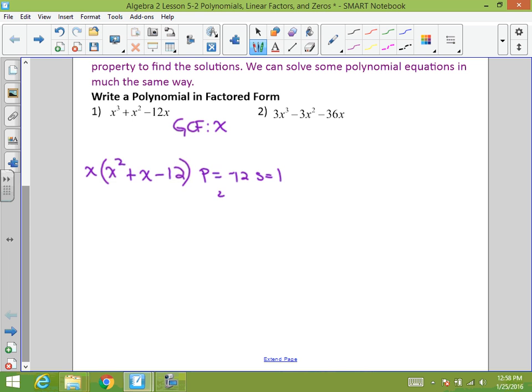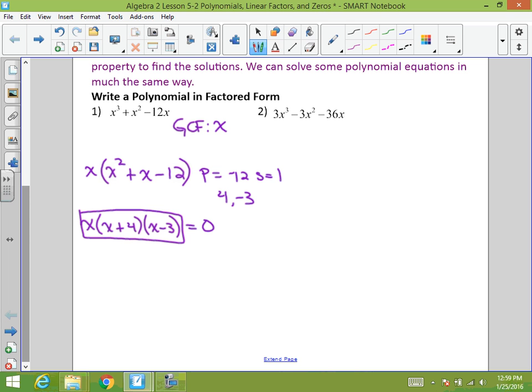That would be positive 4 and negative 3, because positive 4 times negative 3 equals negative 12, and positive 4 minus 3 equals positive 1. So I have x parentheses x plus 4 and parentheses x minus 3 equals 0. So we've written it in factored form, which would be this right here, not the equals 0 part. So that's it in factored form.